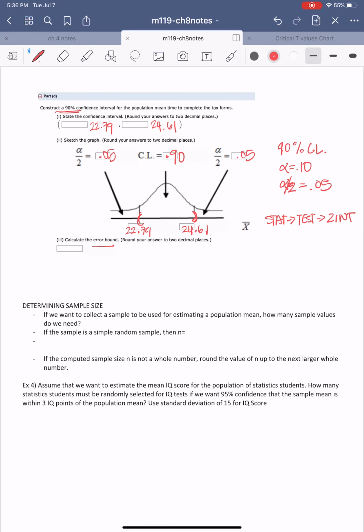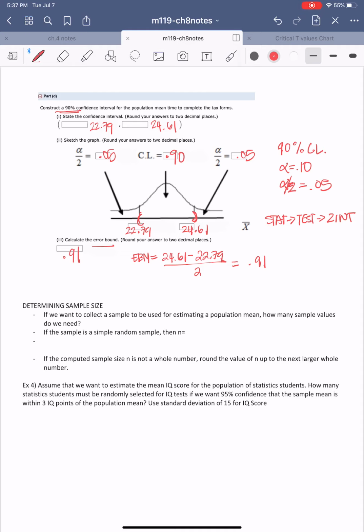So the error bound for the mean is upper, which is 24.61, minus lower, 22.79, divided by 2. 1.82 divided by 2, I'm getting 0.91, rounding to 2 decimal places. Okay, so that is the entire process of building a confidence interval.